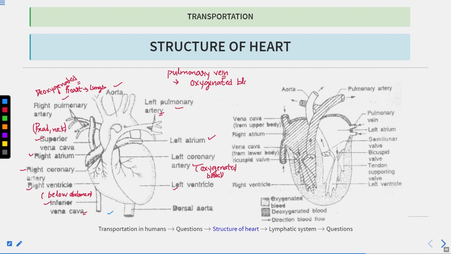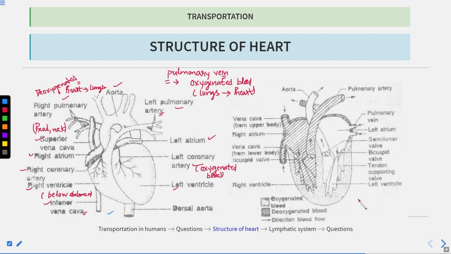It carries the blood from the lungs towards the heart. In the lungs, air is purified and the blood is carried from the lungs towards the heart, so it carries the oxygenated blood. This is the role of the pulmonary vein.